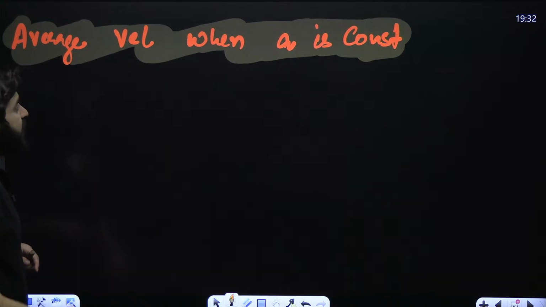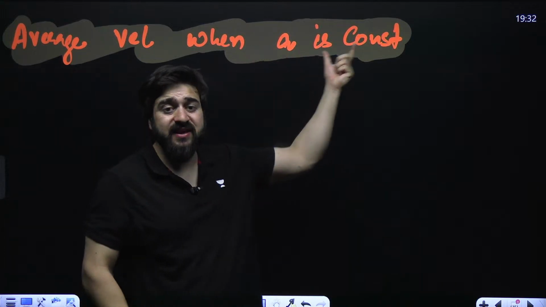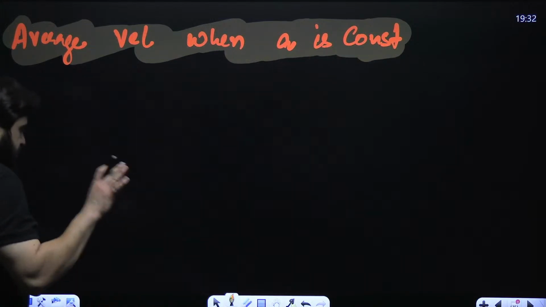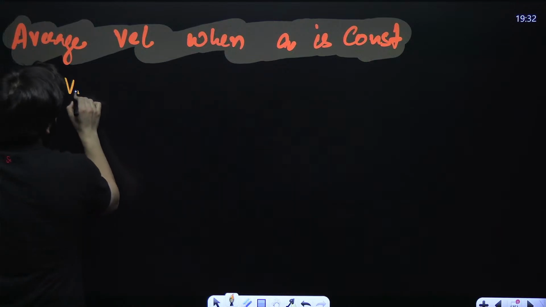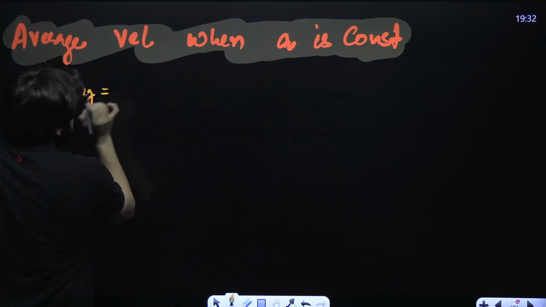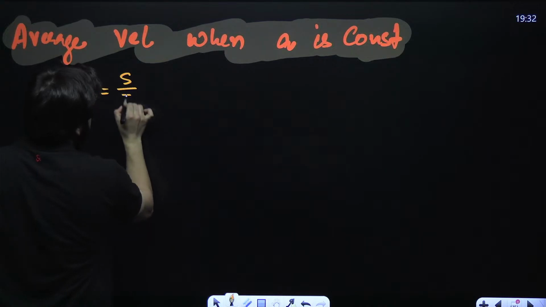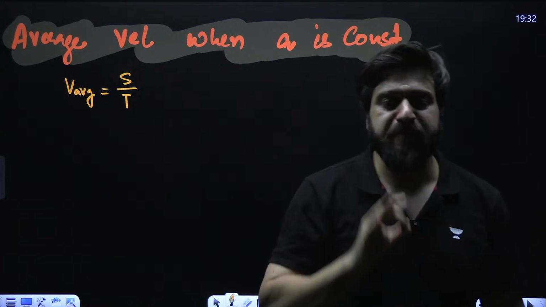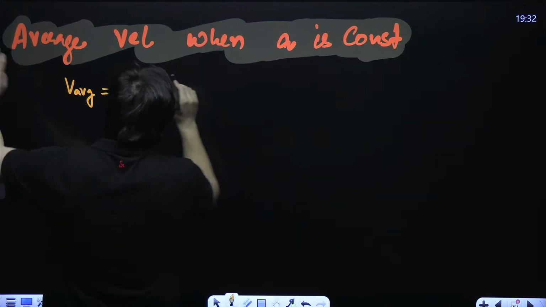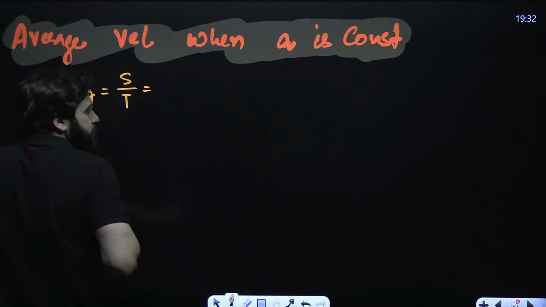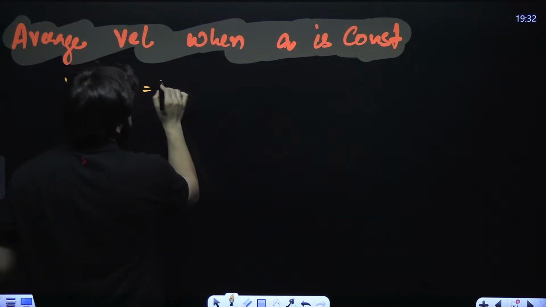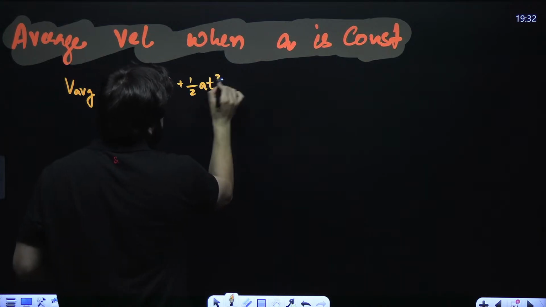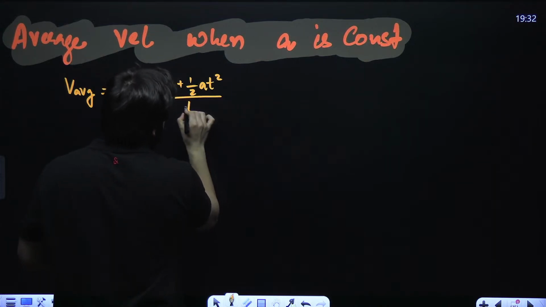When it comes to the average velocity, it is total displacement upon total time. What is total displacement? S is equal to ut plus 1 by 2 at square, divided by time t.